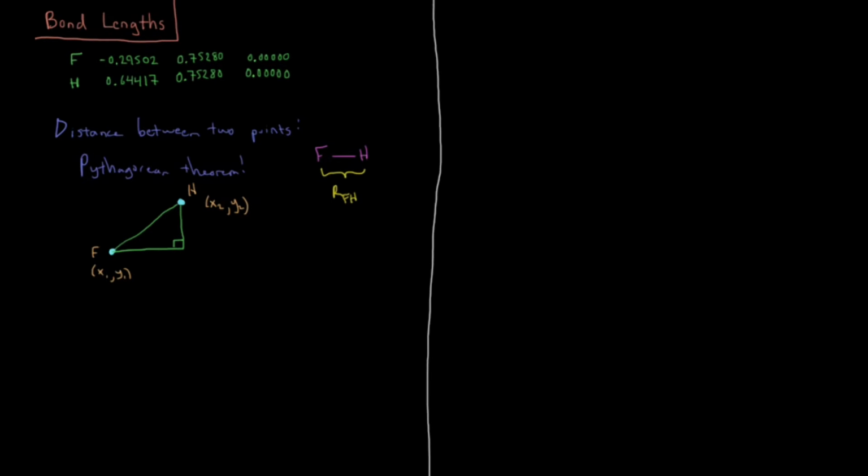We have two values here, delta x and delta y. Delta x equals x2 minus x1, absolute value. Delta y equals y2 minus y1, absolute value. And then we've got a hypotenuse here, which is some distance. From the Pythagorean theorem, this hypotenuse is going to be equal to the square root of y2 minus y1 squared plus x2 minus x1 squared.